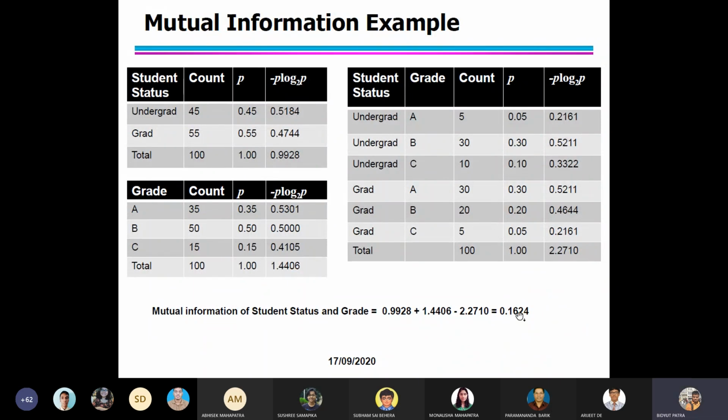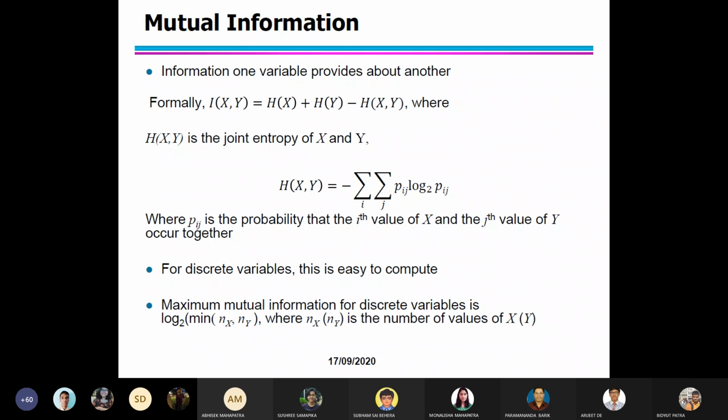Now, the question is, can the mutual information be negative? So what is the minimum value?